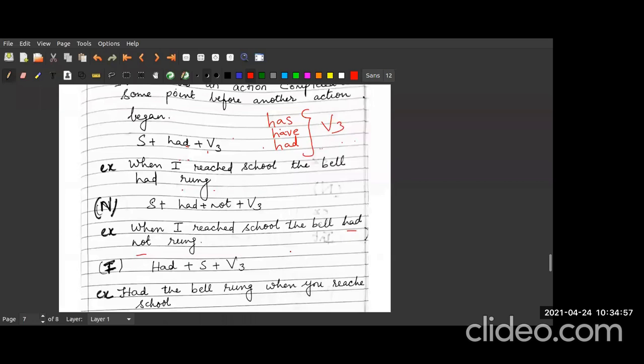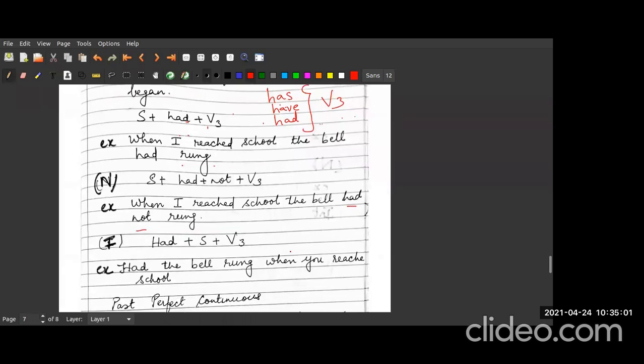Making the interrogative is very easy. You just have to change word order of 2 words. So had the bell rung. So you have to again remember that with all these structures, ये जो past perfect का सारा structure है उसमें सब में V3 लगाना है.